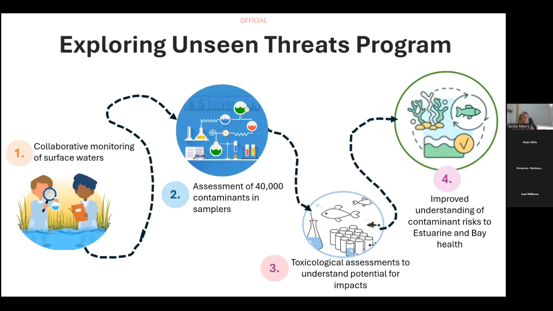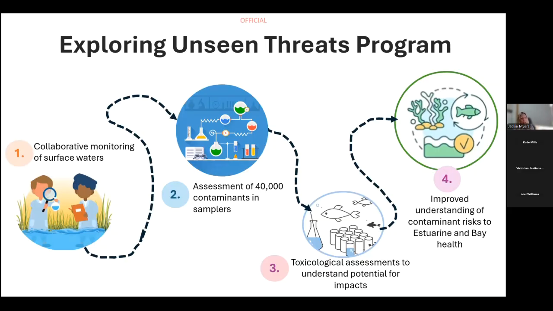This is the first time this amount of contaminants has ever been screened for. Our sampling takes place 3 times a year over a 3-year period, and we're just finishing our first year. This will enable us to identify both spatial and temporal trends in contaminant occurrence.